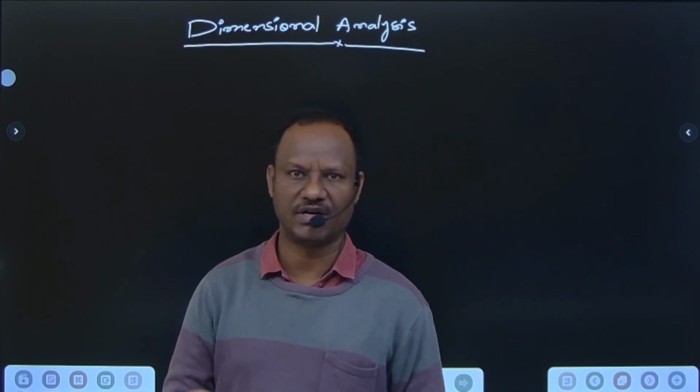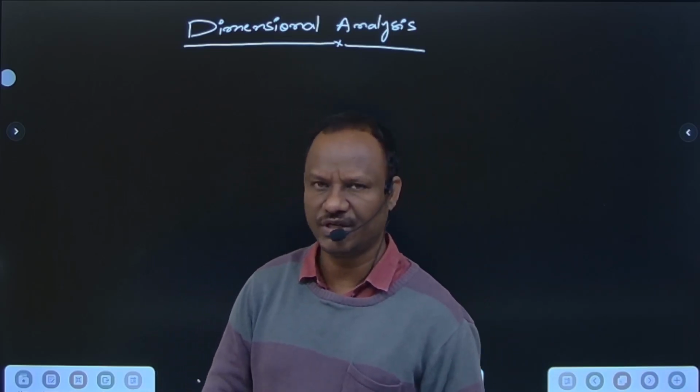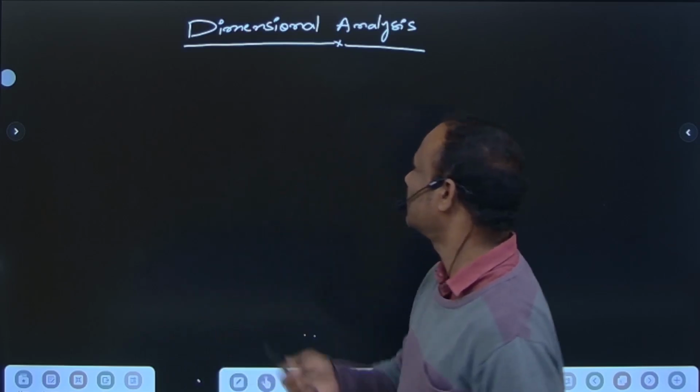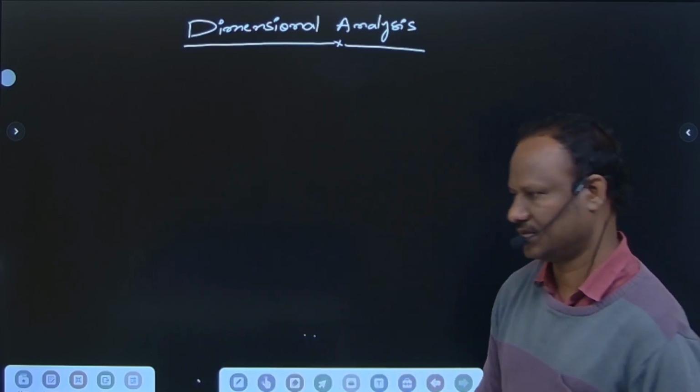If you want to represent the derived physical quantities in terms of fundamental physical quantities, we need a process. That process is called what? Dimensional analysis.